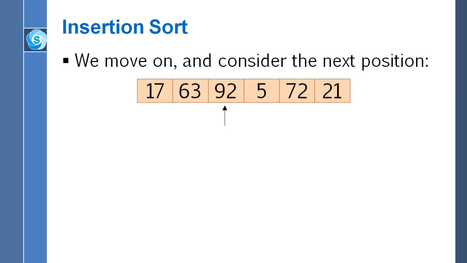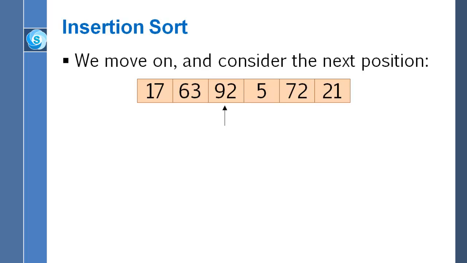All right, then we continue forward and examine the next entry in the array, which is 92. Okay? We can assume that everything prior to 92 is already sorted, and it is. Okay?